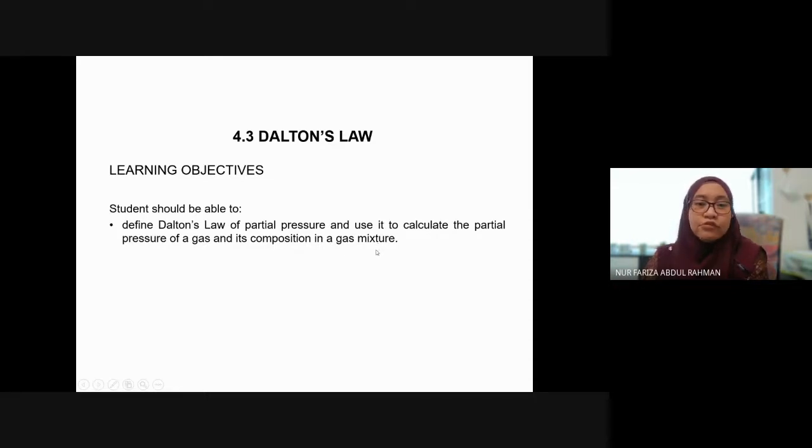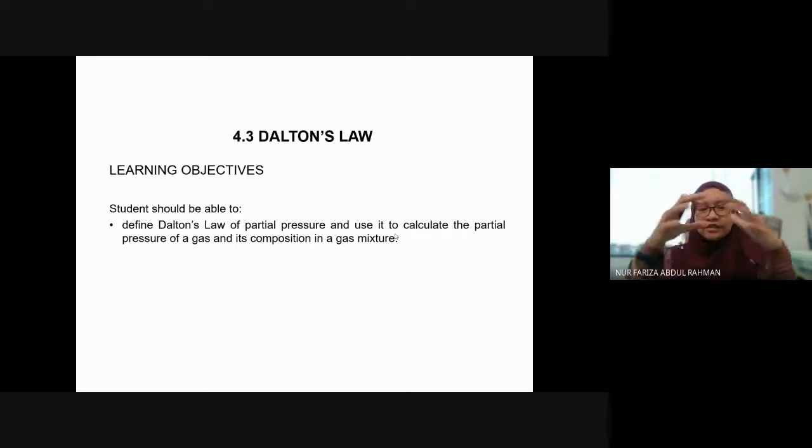discusses the pressure of gas in a gas mixture. I'm not sure whether you guys notice or not. Previously, the examples we had were that normally the gas would stand alone. Maksudnya dia independent. Tak ada campuran of gas in the same container. If you are dealing with CH4, then CH4 lah yang the only gas present in the container, ataupun oxygen just now, or CO2.